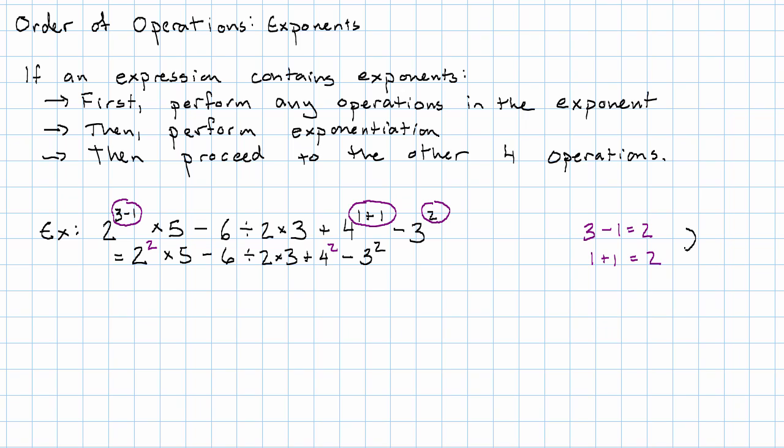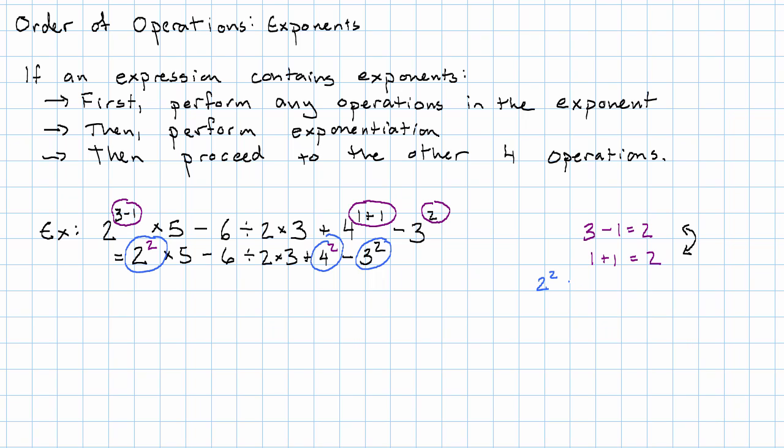Notice it didn't really matter what order I did this arithmetic in, since those didn't really interact with each other. The same thing is true for working out each of these powers. My 2 squared, my 4 squared, and my 3 squared. Those don't really interact with each other.